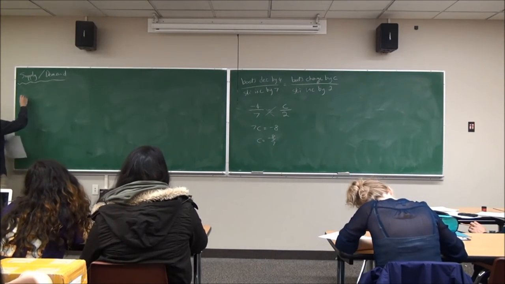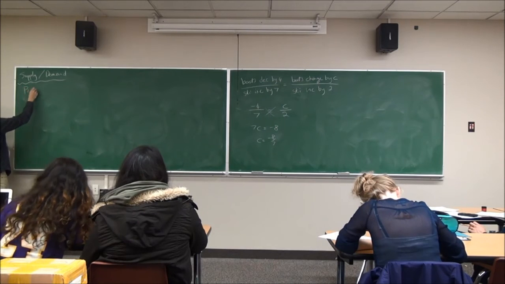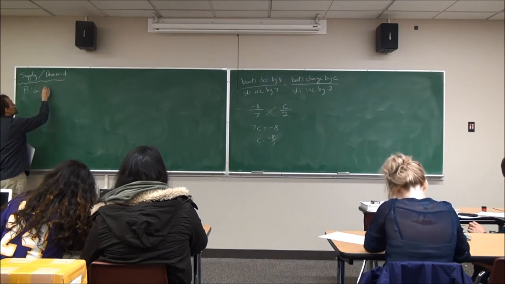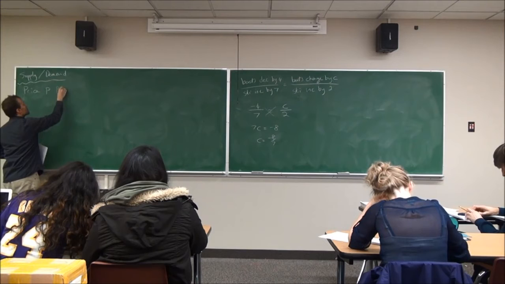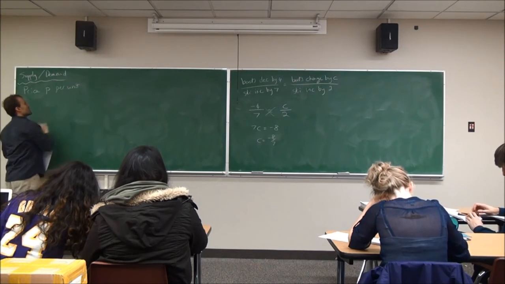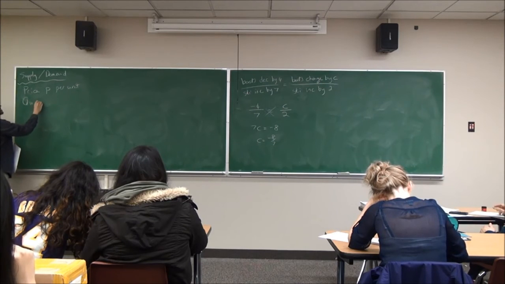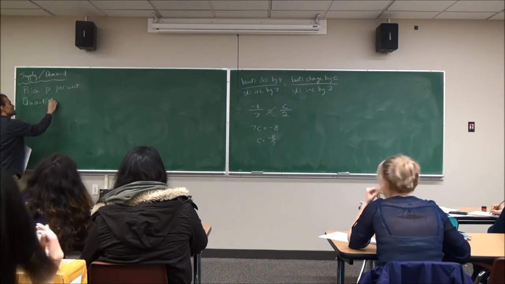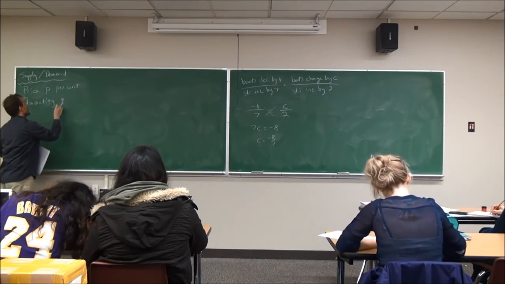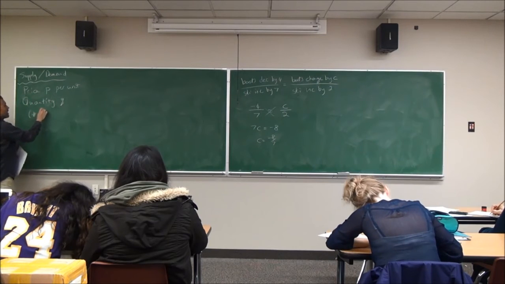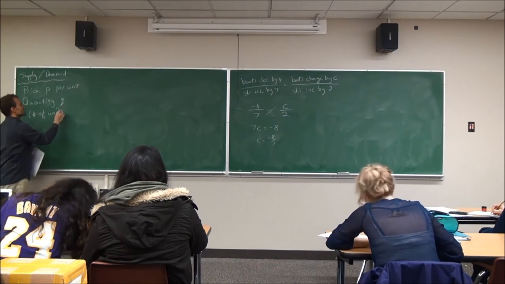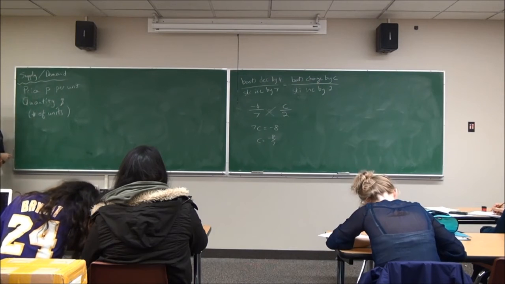So I have some product and we'll represent the price P per unit of the product, and we'll represent the quantity Q as the number of units of the product in a certain time period.